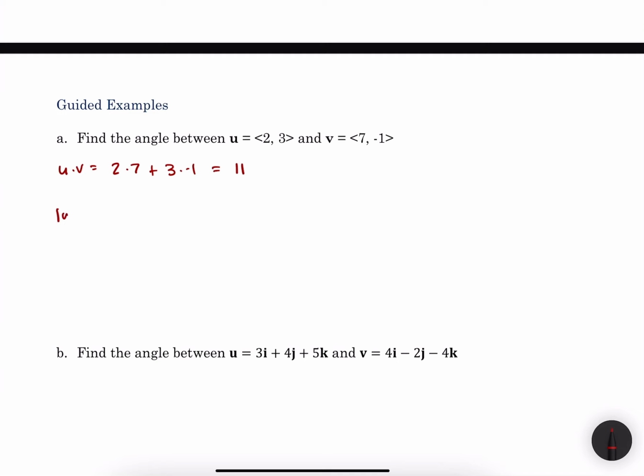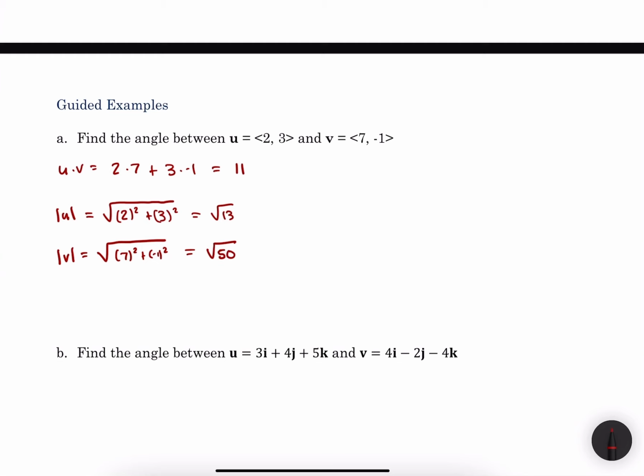We know the magnitude of u is going to be, remember, when the vector is given in component form, the magnitude of the vector is the square root of the sum of the squares of each component. So that's going to be the square root of 13, and then the magnitude of v is going to be the square root of 7 squared plus -1 squared, which is the square root of 50.